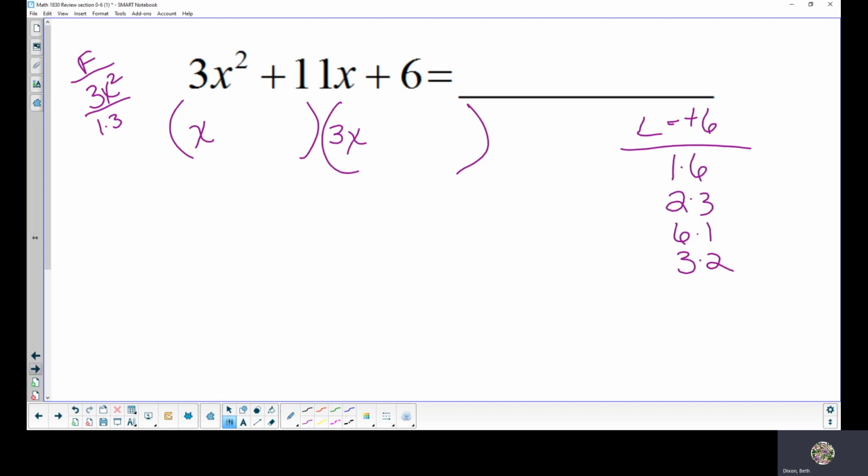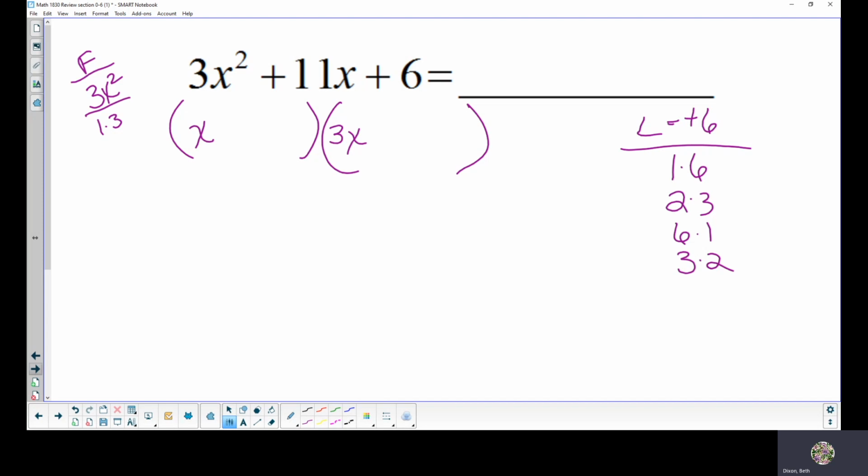So more often than not, the answers are going to be 2 and 3 than they are going to be 1 and 6. It doesn't mean 1 and 6 won't be the answers. It just means 2 and 3 are more likely to be the answers. So play the odds. Choose 2 and 3 and 3 and 2 before you choose the 1 and 6. And most of the time you choose the right guess as your check, as your answer.